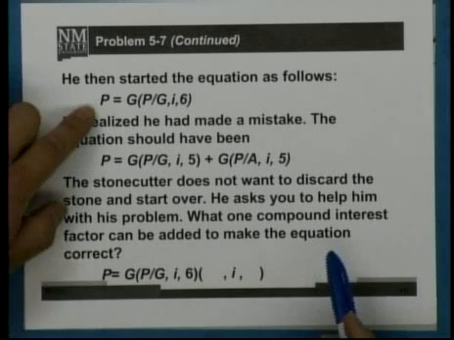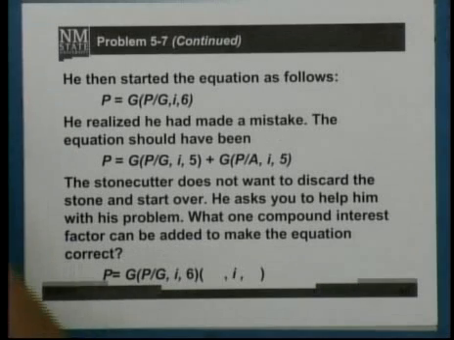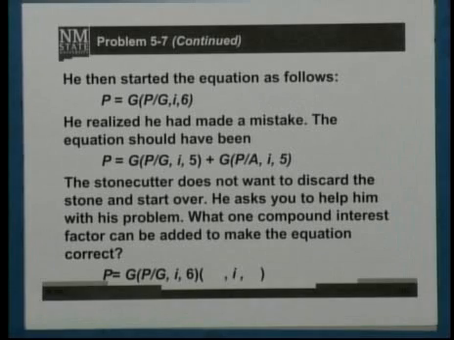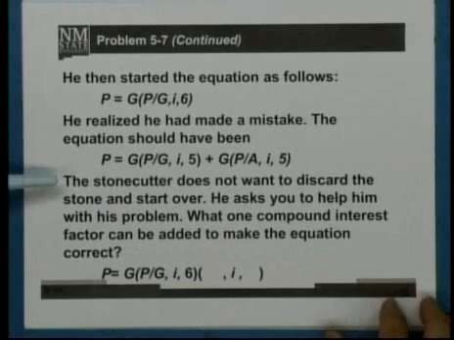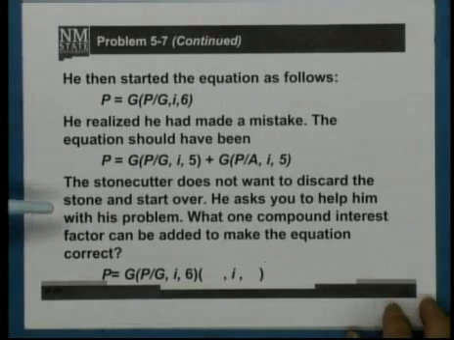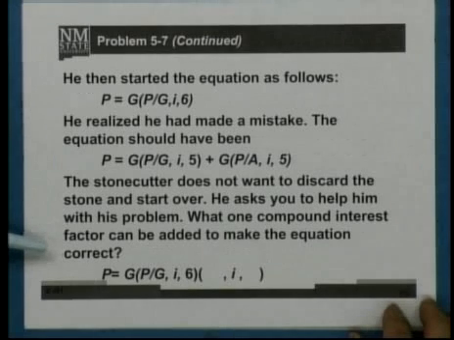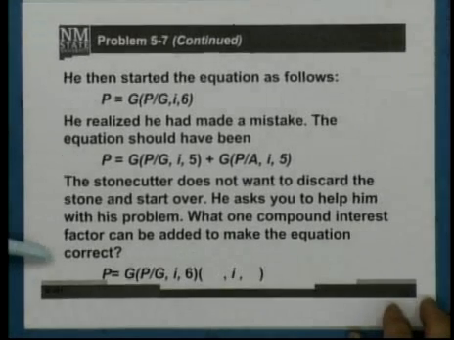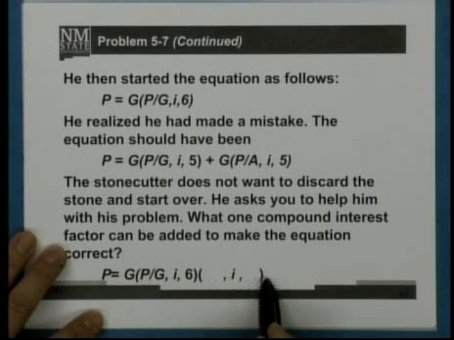P equals G times P given G, I, over 6 periods. And then he realized he had made a mistake. The equation should have been like this. And the stone cutter does not want to discard the stone and start over. He asks you to help him with this problem. What one compound interest factor can be added to make the equation correct? So what you need to do is fill in this part. Okay?